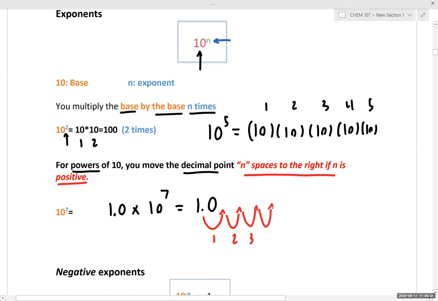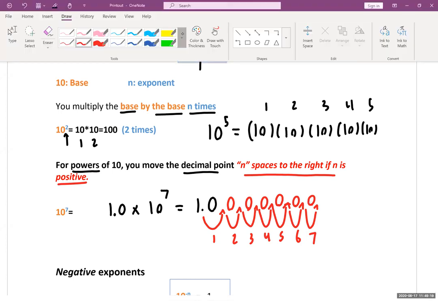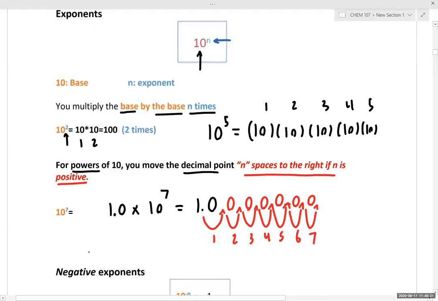So I'm going to move my decimal point 7 spaces to the right because I'm multiplying by 10 to the 7th. So I add 1, 2, 3, 4, 5, 6 zeros. So 10 to the 7th would be equivalent to 10 million.